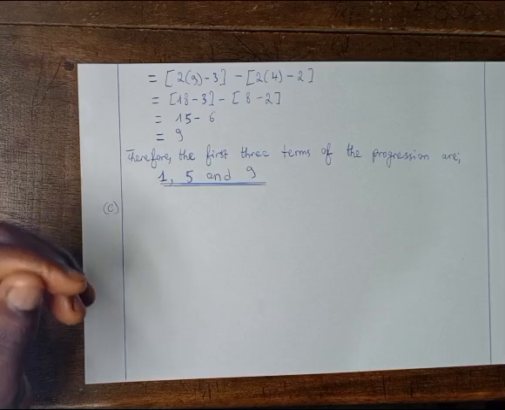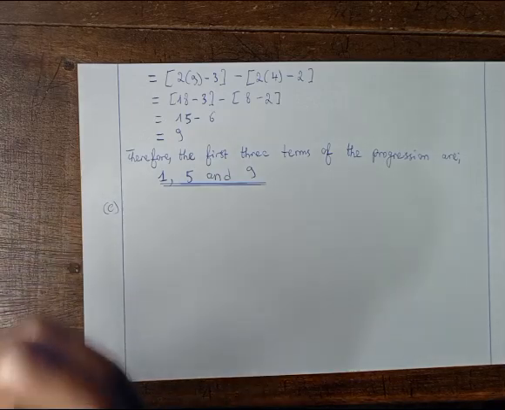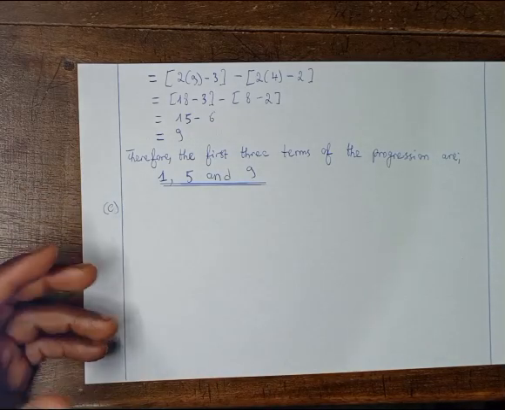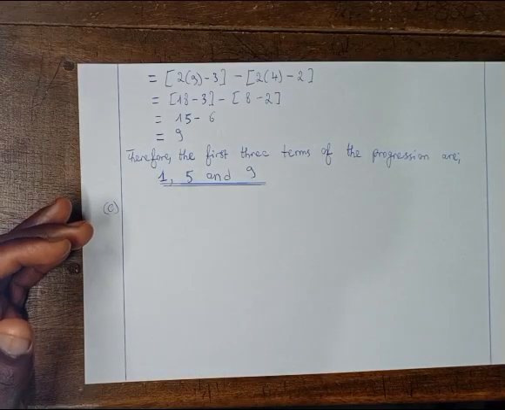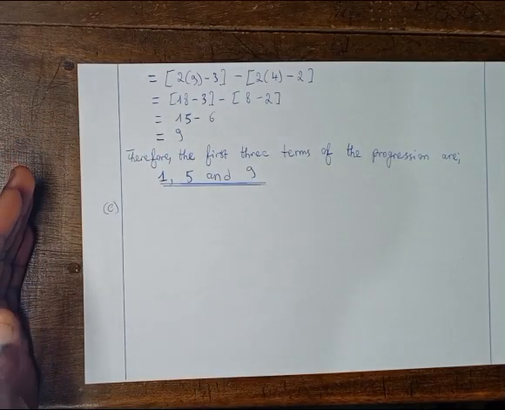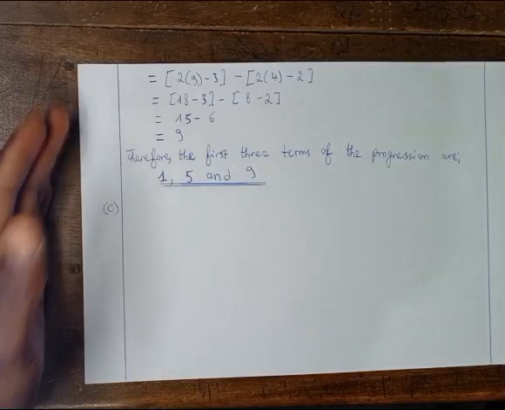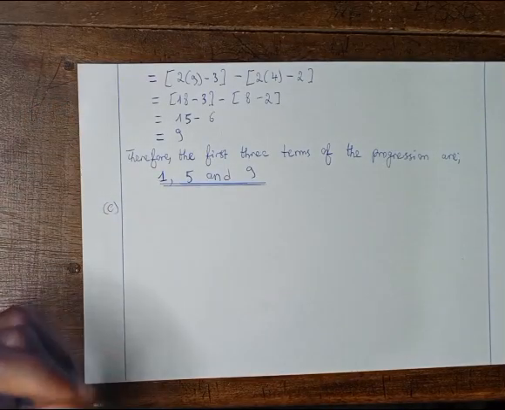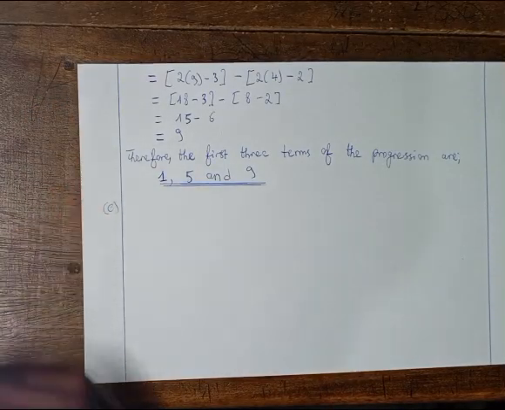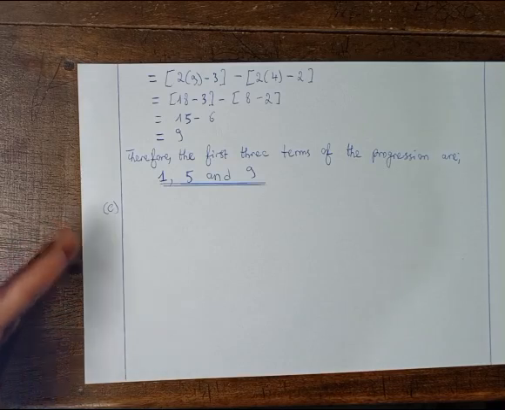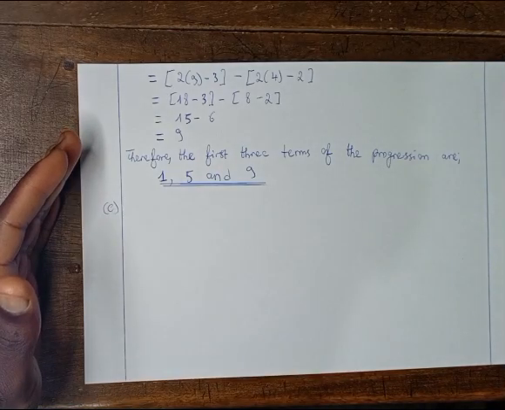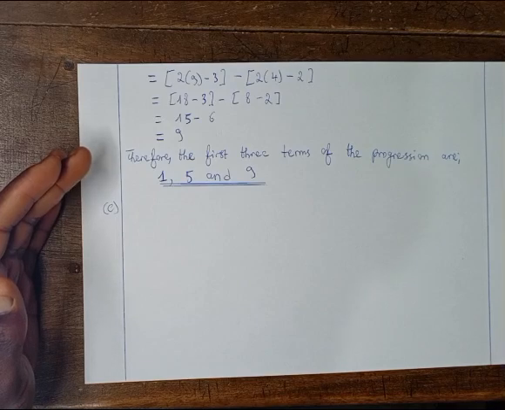We know for an arithmetic progression, we get the terms by adding a constant to the previous term to get the next term. While for the geometric progression, we multiply the previous term by a constant, which is known as the common ratio.